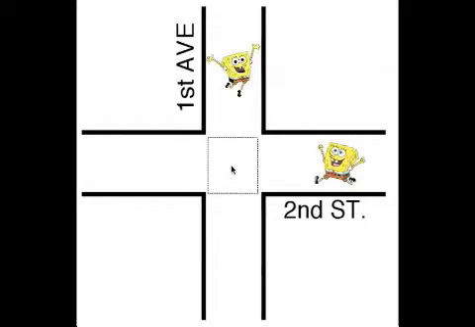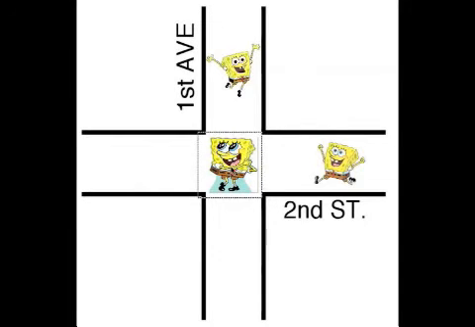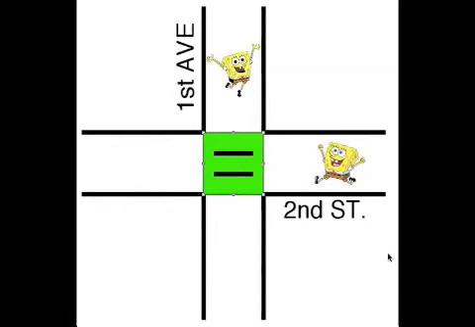But if he's standing in the intersection, then he is on First Avenue and Second Street both at the same time. So the math word that we associated with that was equals. The intersection of two streets, in a sense, the two streets are equal in the intersection. And if we have two functions that are equal at some point, that's where they intersect.